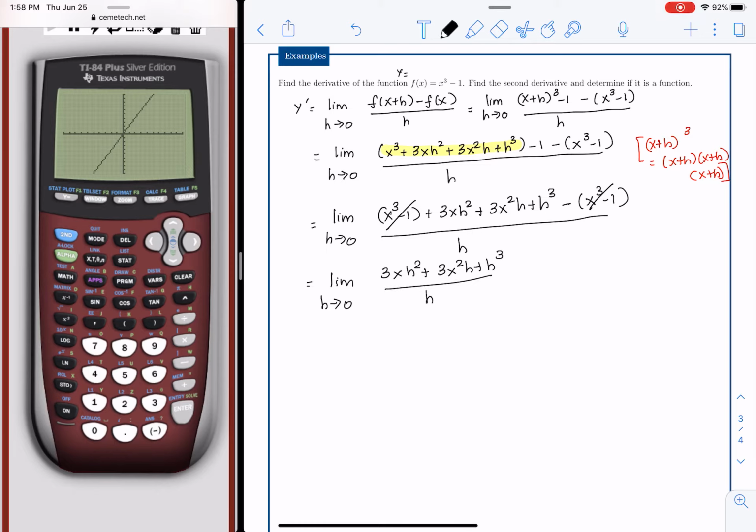There is an h in common in the numerator. So if I pull that out, I have 3xh plus 3x squared plus h squared, divided by h. Get rid of the h's.